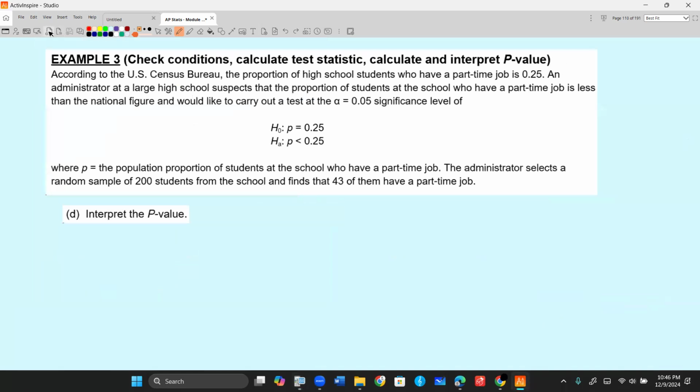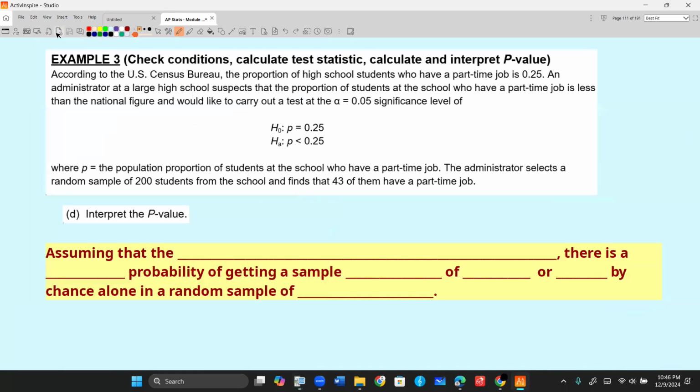So let's interpret the p-value. Remember, the p-value interpretation is, here's your blanket statement: assuming the null is true, there is a, whatever the p-value is, probability of getting a sample as extreme by random chance in a random sample of whatever your sample size was.